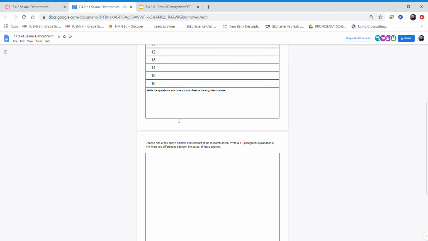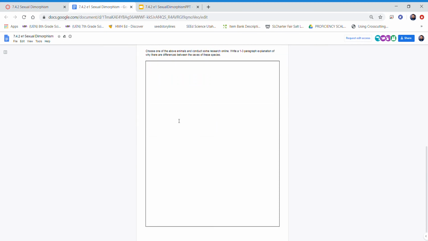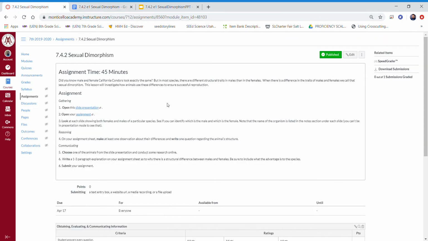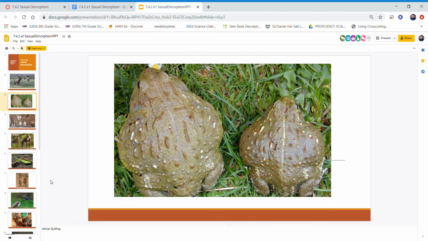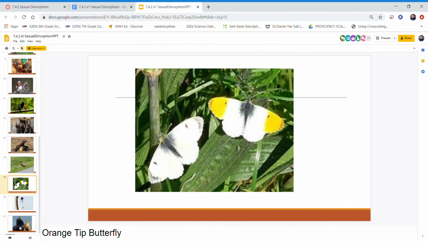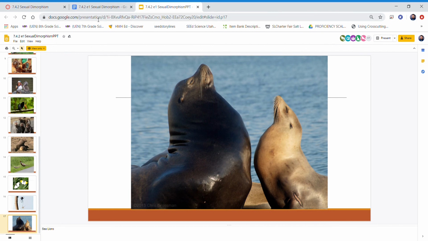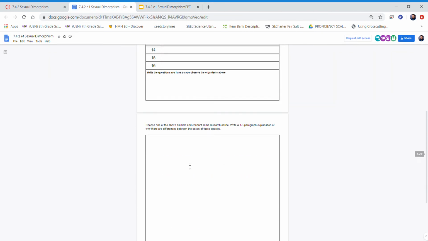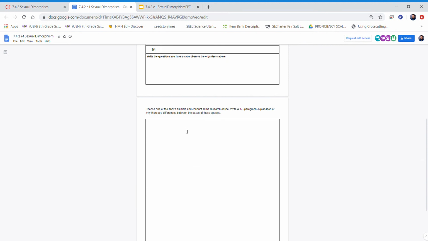And write down some questions that you have. After you're done with that, you have some questions, and I want you to pick any one of the above animals and conduct some research online.